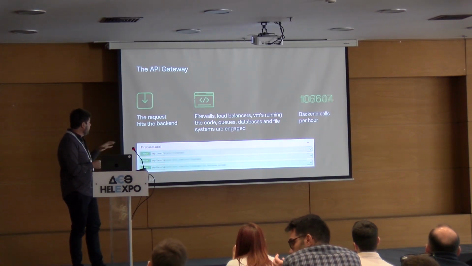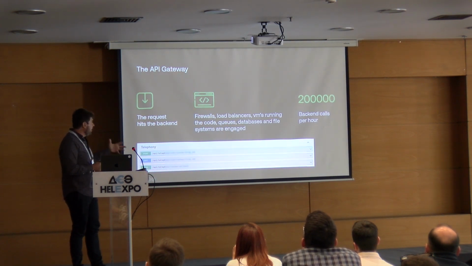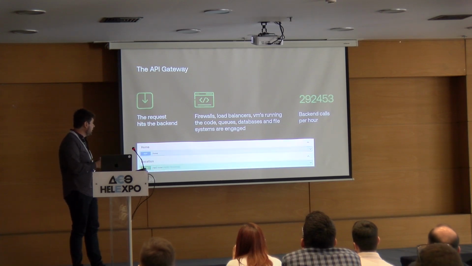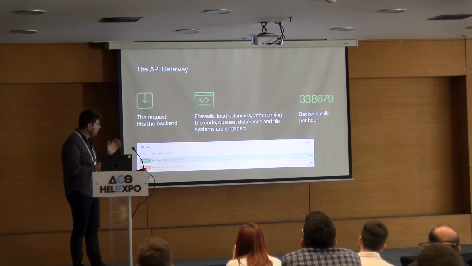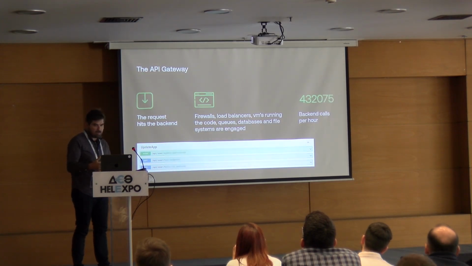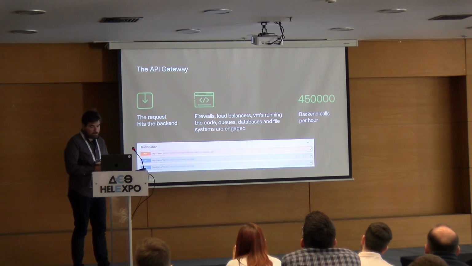So once the request hits our API gateway, firewalls, load balancers, and virtual machines that are running the code, queues, database, and file systems are all engaged so that we can respond.